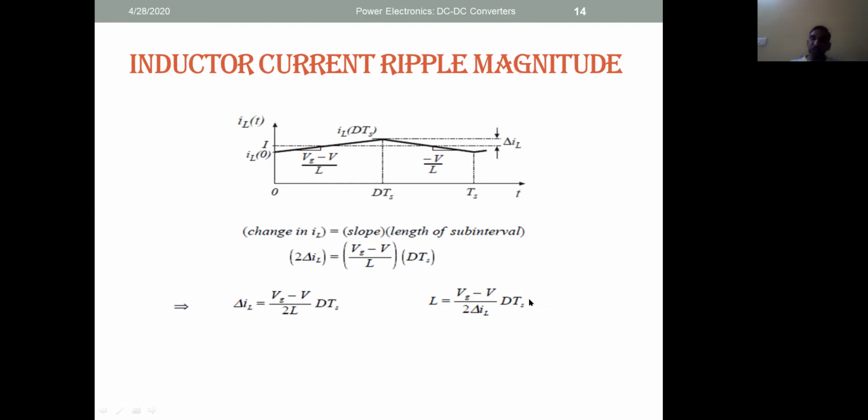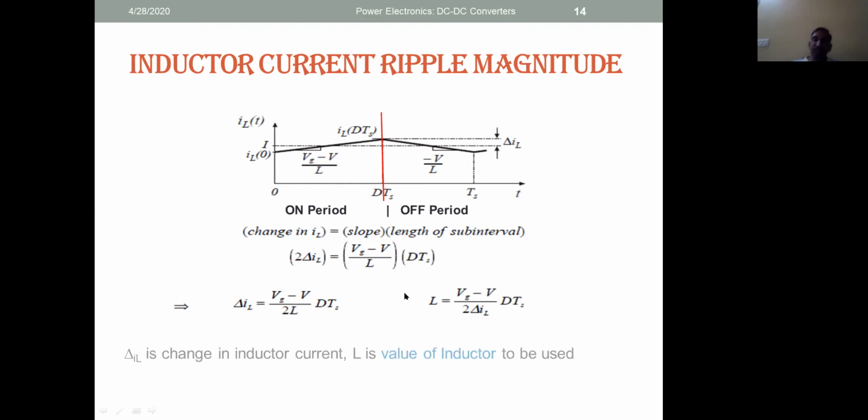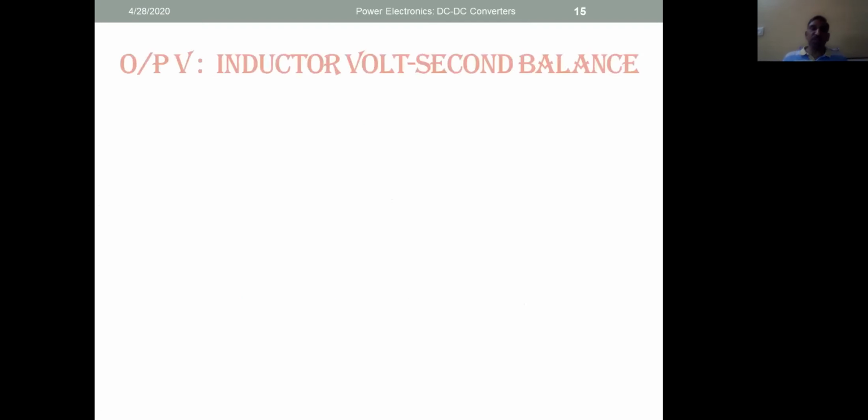So this will go in thousands. This is in volts. This is in milliamperes. So the value of inductor will turn out to increase. So delta IL is the change in inductor current and L gives the value of inductor to be used. This is a design parameter, or we can even say a figure of merit for the good design of a buck or a boost converter.